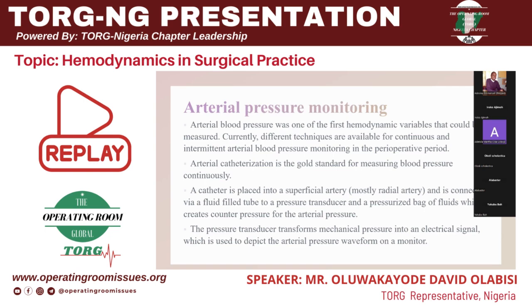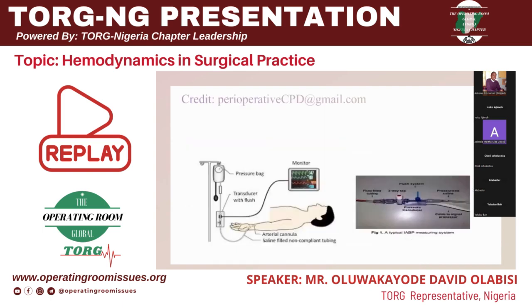The pressure transducer transforms the mechanical pressure into an electrical signal, which is used to depict the arterial pressure waveform on the monitor. The signal that is picked up by the transducer is displayed as systolic and diastolic pressure on the monitor.